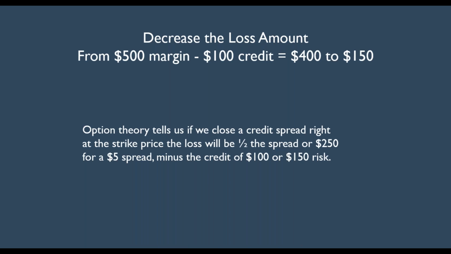So you can decrease the loss amount. If you have a 5-point spread on your credit spread, then you have $500 margin because there's 100 shares per contract. So the 100 times $5 spread is $500 margin.